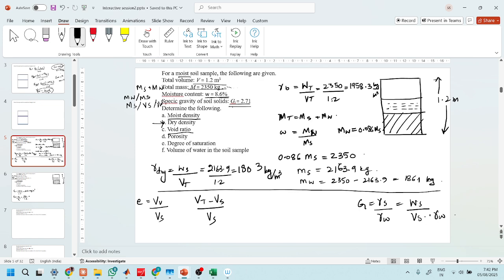And we will have volume of solids equals weight of solids over G gamma W. We already have calculated weight of solids. We have this G and gamma W. Let's take that.